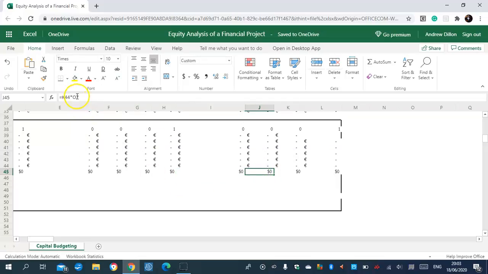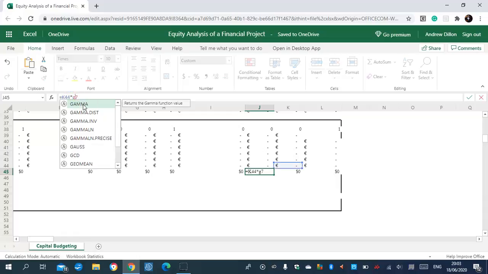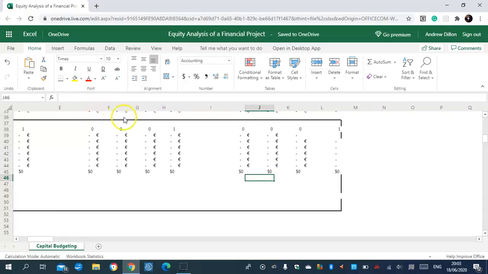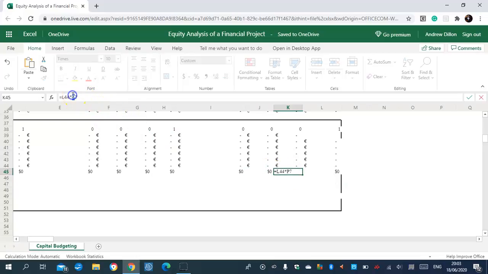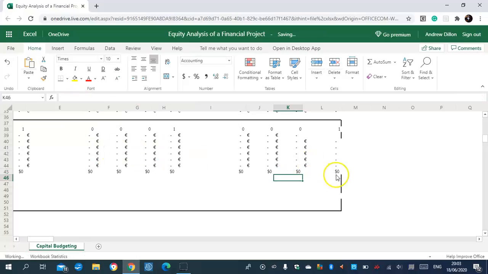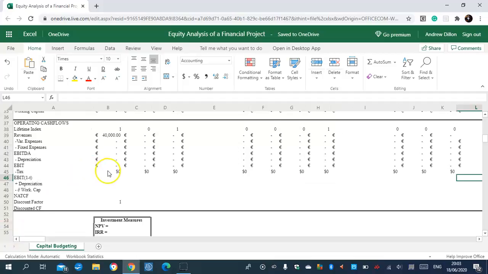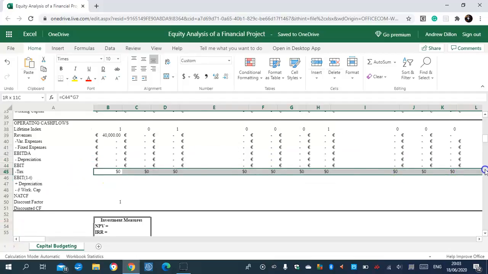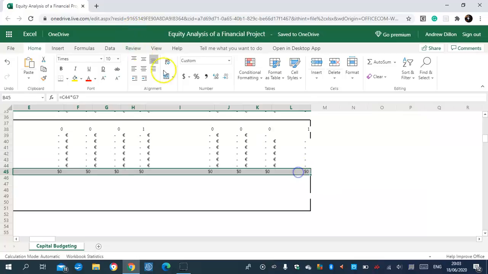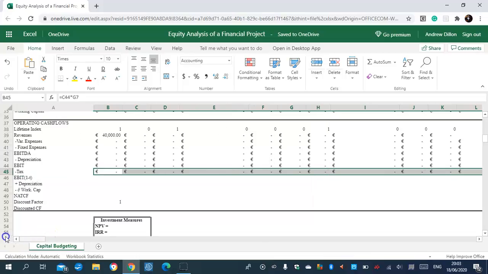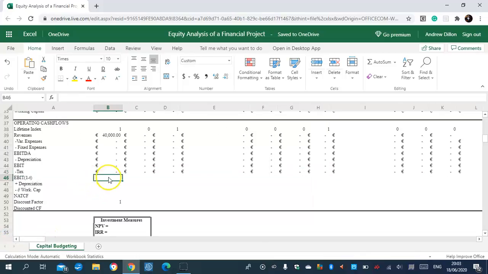If it's another letter, then you get a zero answer because it doesn't match to the 40% on the tax return. Euros. Okay. EBIT 1 minus T.